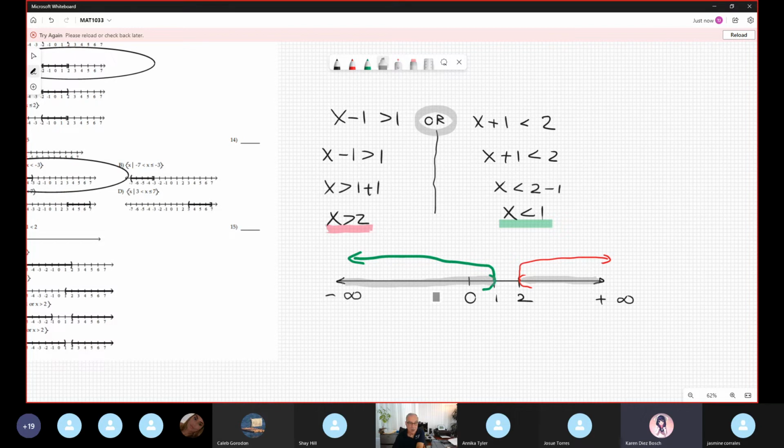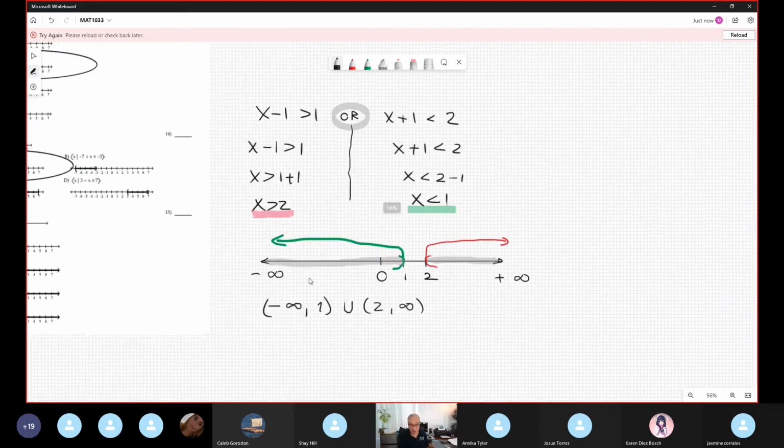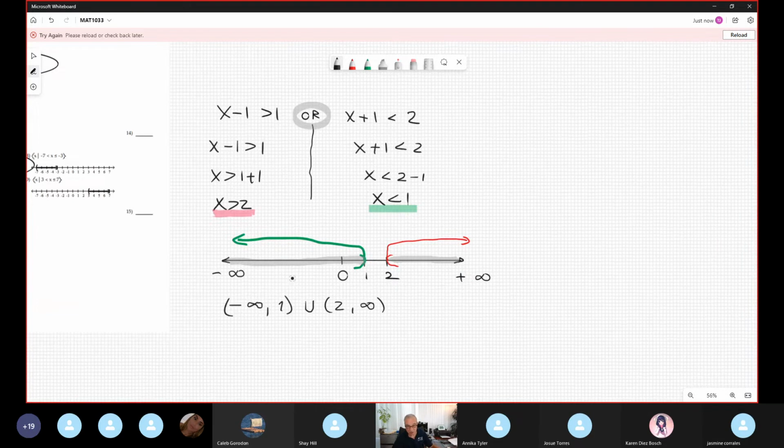For example, from negative infinity, the green part, comma, 1, parenthesis, because it doesn't include 1, no equal, never. And you put union like that, union 2, comma, infinity. Fantastic. This is the interval notation. And set builder notation is a little bit different.